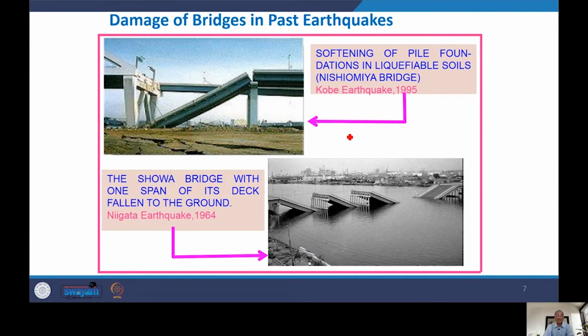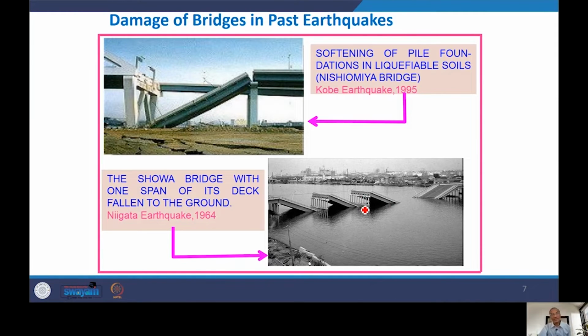The first is the Nishinomiya bridge, which got damaged, where softening of the pile foundation occurred during the Kobe earthquake, and below is the Showa bridge, where one span got flattened due to the ground. What you could see here is that the deck of the bridge fell down, and this is basically due to foundation failure. The same thing happened in the case of the Showa bridge. You could see that once the simply supported span collapsed, the deck of the bridge fell down.